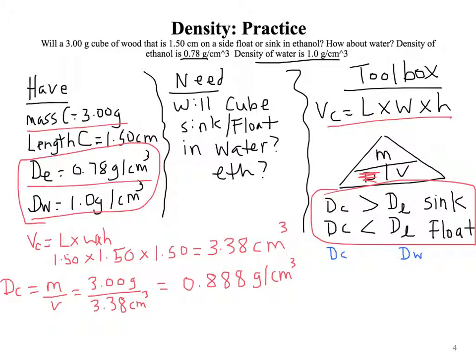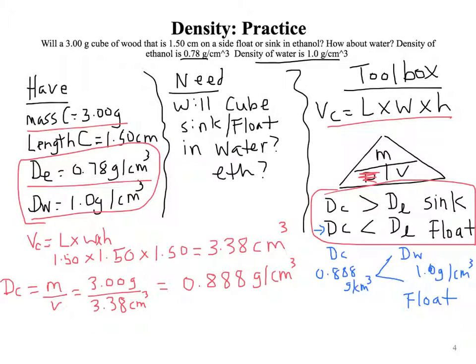So density of my cube is 0.888, and my density of the water is 1.0 grams per centimeter cubed. Just label everything. And I know that density of the cube here is going to be less than. So in water, it's going to float.